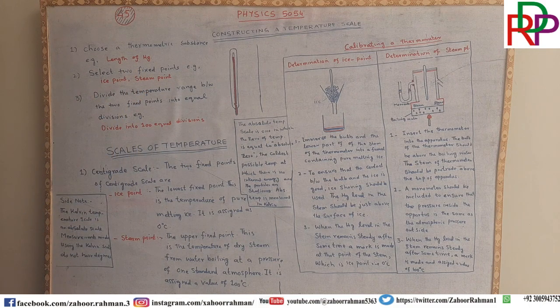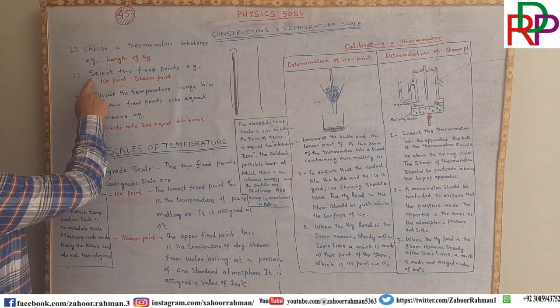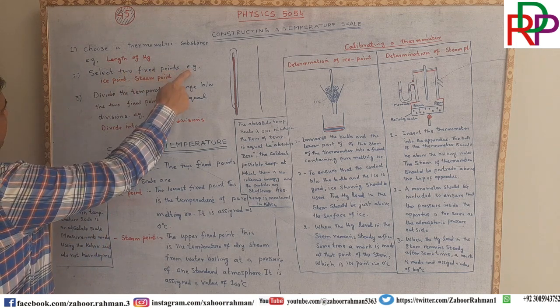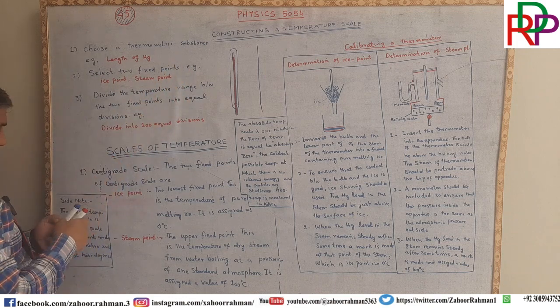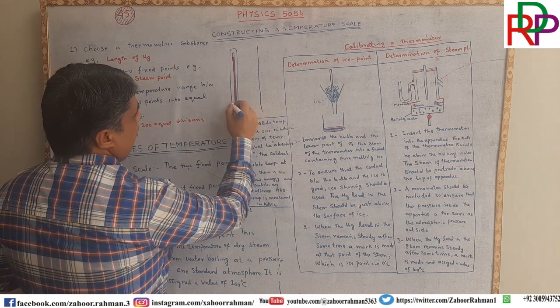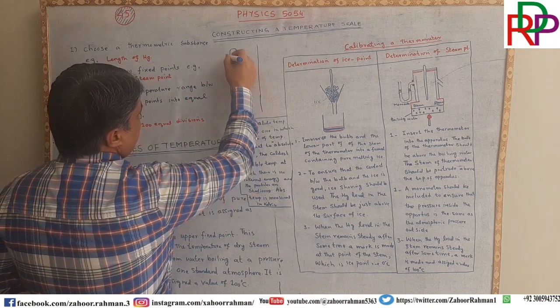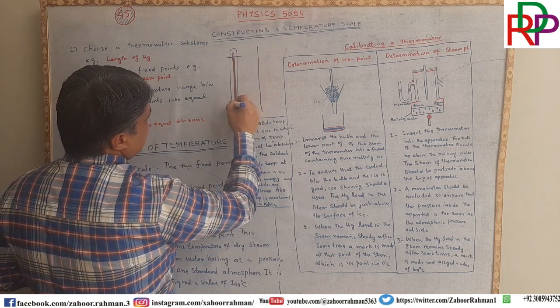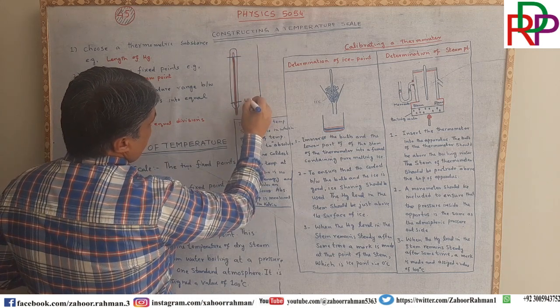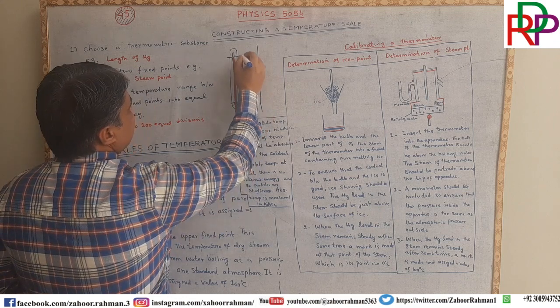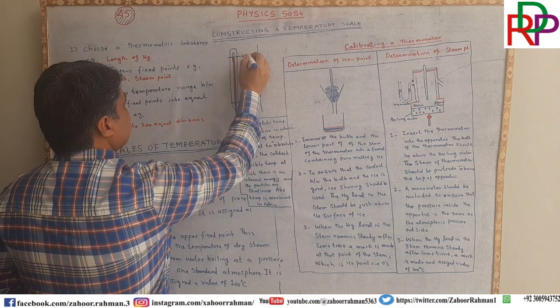So mostly we are using mercury inside the glass thermometers. That is the first part you have to select, and in the second part select two fixed points. One will be at the lower level and one will be the upper. This is the lower fixed point and this is the upper fixed point.